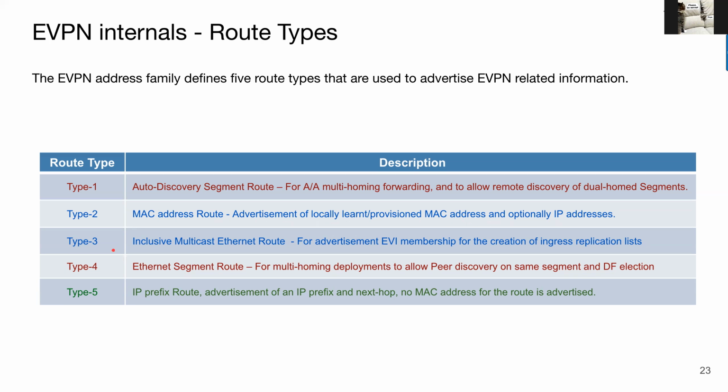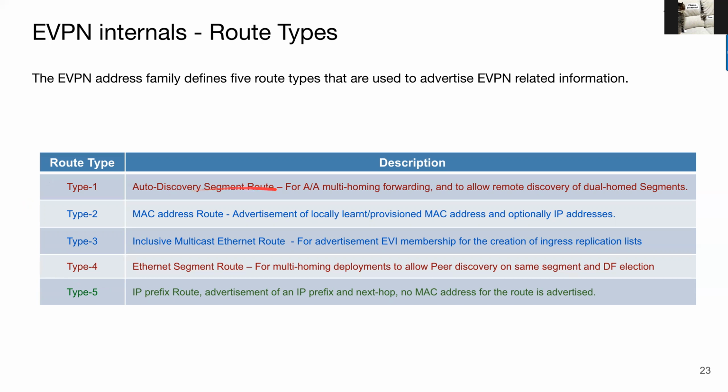The type 3, which is the inclusive multicast Ethernet route, or our IMET route, builds out our flood list for bump traffic. And then the type 5 is used purely in symmetric IRB to advertise prefix routes. Type 1 and type 4 are used in multi-homing.